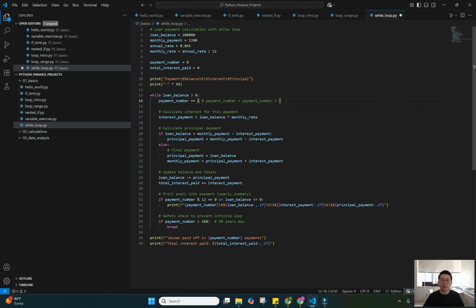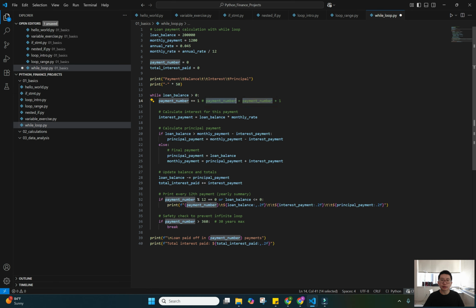While the while loop is true, what's going to happen is first this is 0, so my payment number equals 0 plus 1 equals 1. And then when I go to the next value, my payment number right now is 1, plus 1, so now my payment number value is 2.